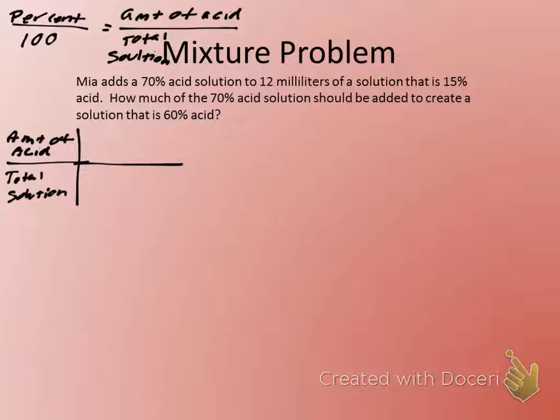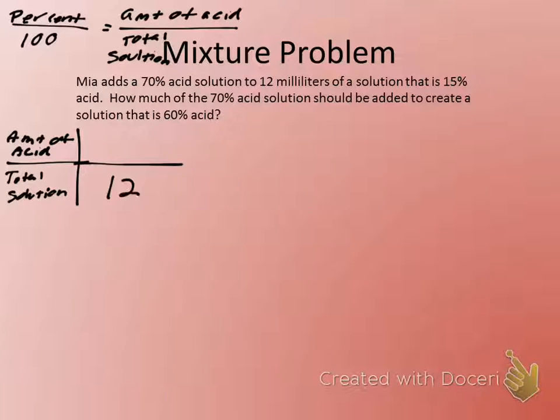Okay. Now, one of them is going to be like the solution that's already there, right? It's the solution that we're starting with. And the solution that we're starting with is the 12 milliliters of a solution that's 15%. Okay, it makes sense because Mia is adding the 70% solution. So we're starting with 12 milliliters of a solution that's 15%. And to figure out, well, first off, if it says 12 milliliters here, that means there's 12 milliliters in that solution.